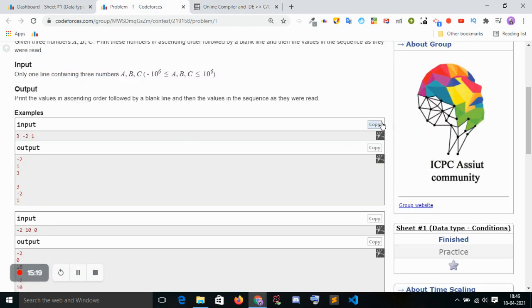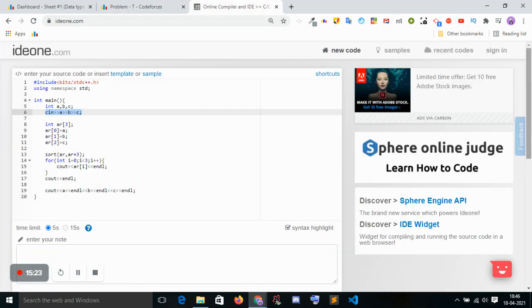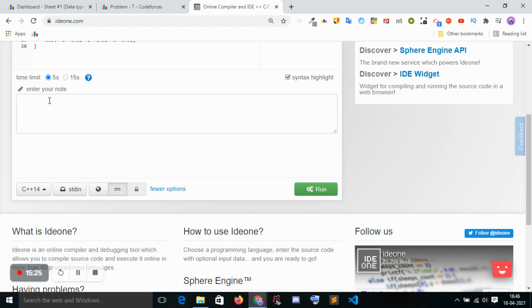So this is the thing. We have to give the blank line here. You can check it; the question requirement is just like that.